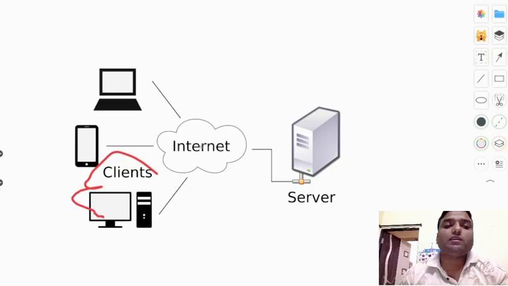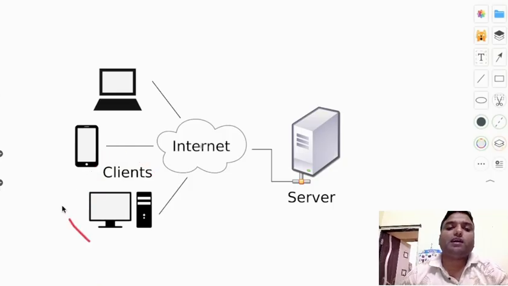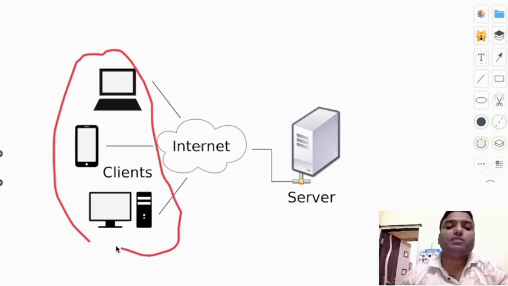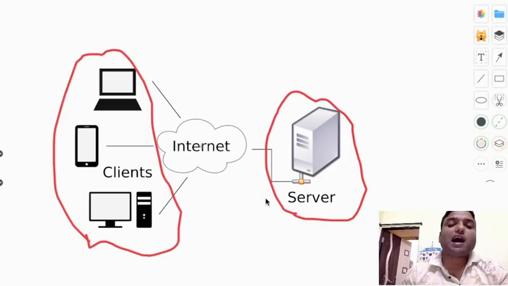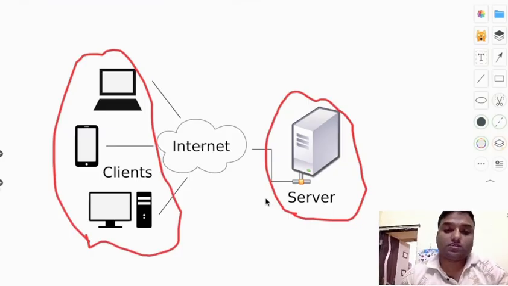The other machine, the server, is basically a machine that is capable of sharing information or resources over the internet. These servers are high powered computers, and they are capable of sharing the information or resources.